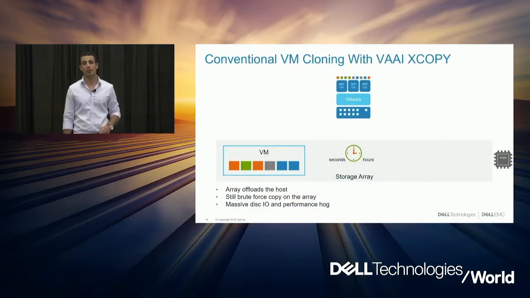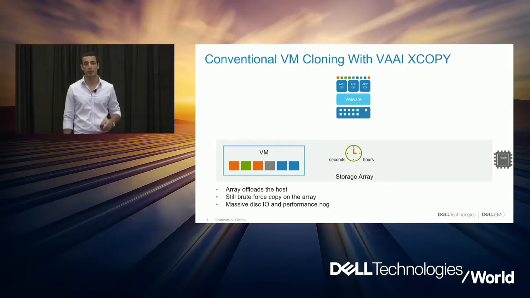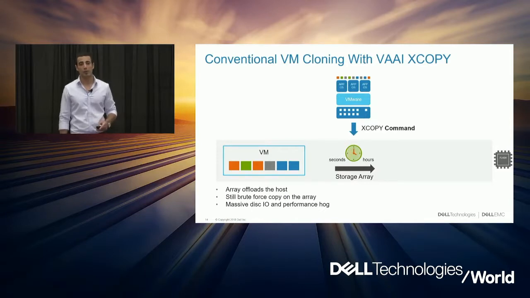So now let's try to understand how a conventional VM cloning with VAAI XCOPY works. For those who are not familiar with VAAI XCOPY, basically in this SCSI operation, the ESXi hosts send XCOPY commands to the storage array in order to offload heavy and intensive operations such as cloning virtual machines, deploying from templates, and so on.